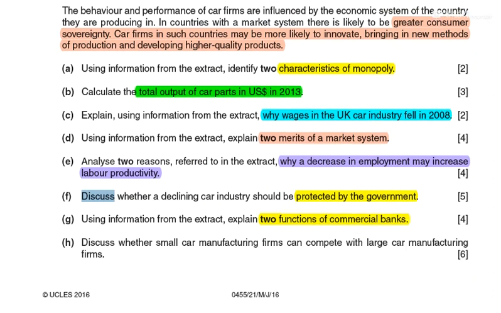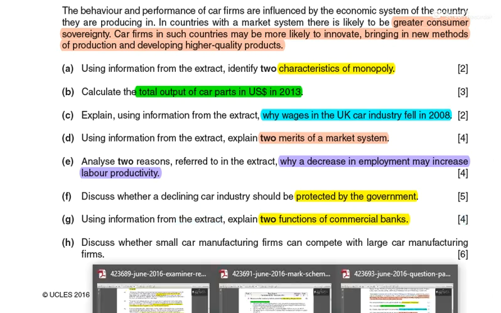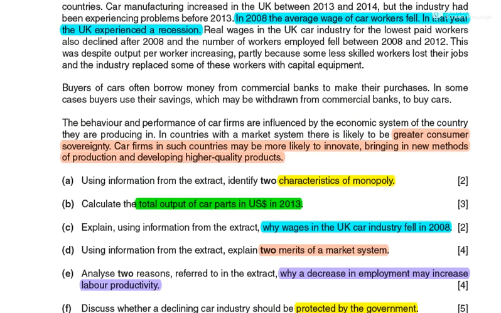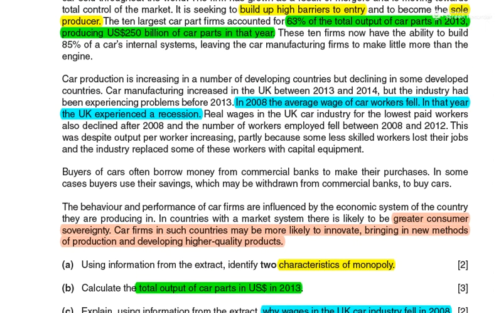Using the information again from the extract, 2 functions of commercial banks, 2 marks each. Commercial banks. From the extract, what did we say here? Here we go. If you put all of that into your answer, that would be great application.